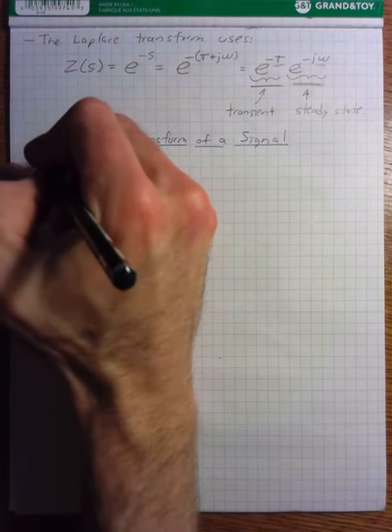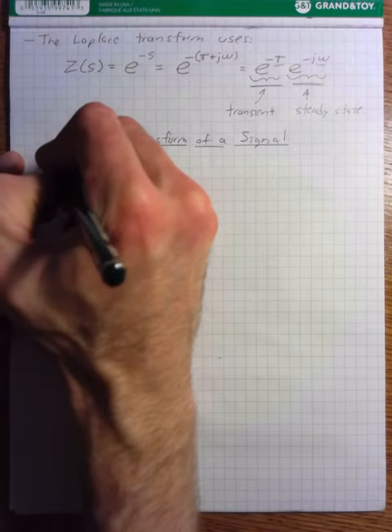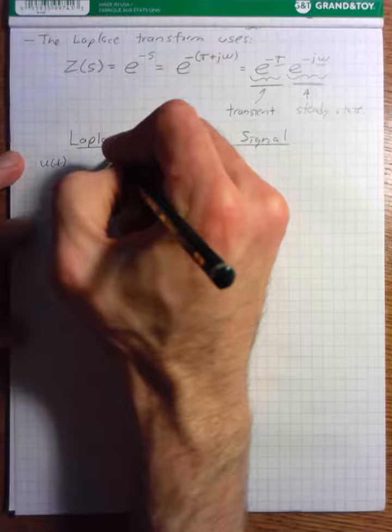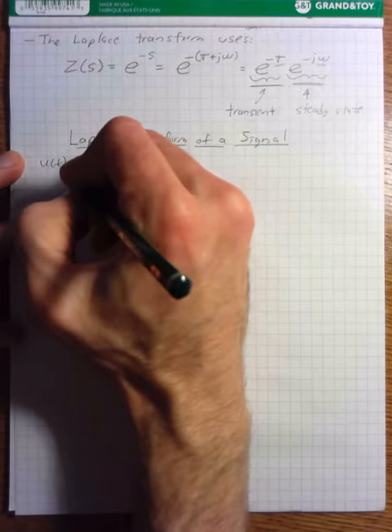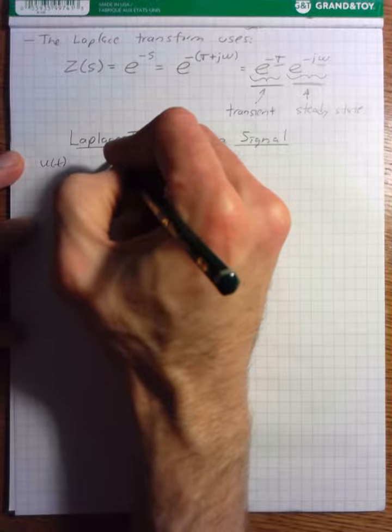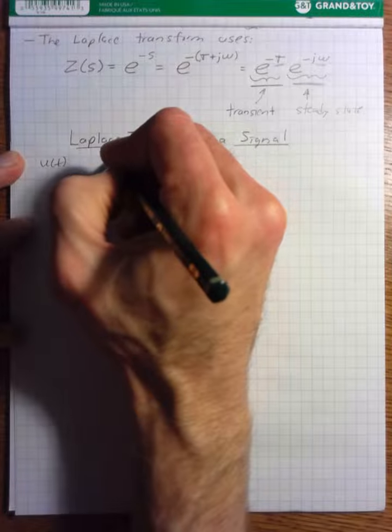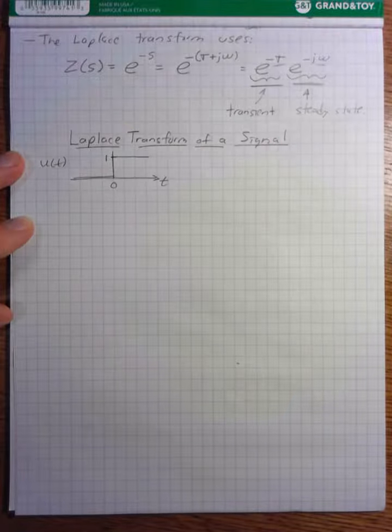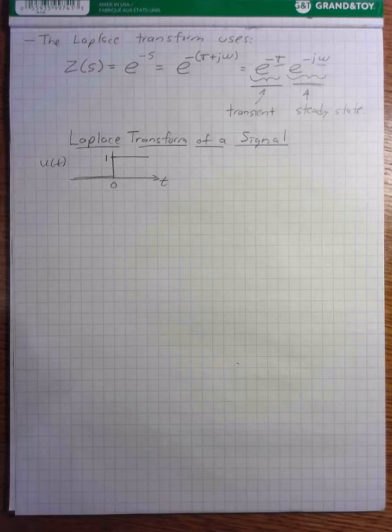So we know that the unit step function, u of t, looks like this. At time 0, we have a signal that's 0, and then it jumps up to a value of 1. And I'm going to calculate our first Laplace transform using the actual integral equation.